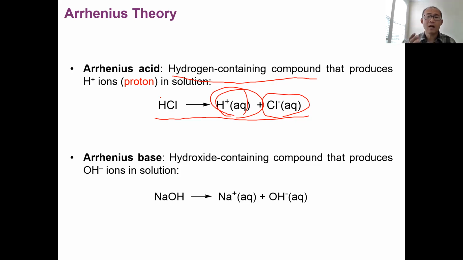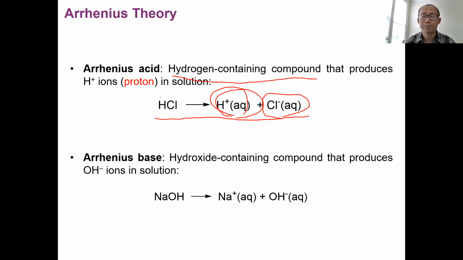So hydrogen plus is alternatively called a proton. Of course, we know hydrogen comes with isotopes, but the majority of hydrogen is hydrogen-1, which doesn't have any neutrons. So usually we call hydrogen plus a proton. Again, Arrhenius acids are hydrogen-containing compounds that can produce hydrogen plus, and of course the negative ion, in water in a solution.